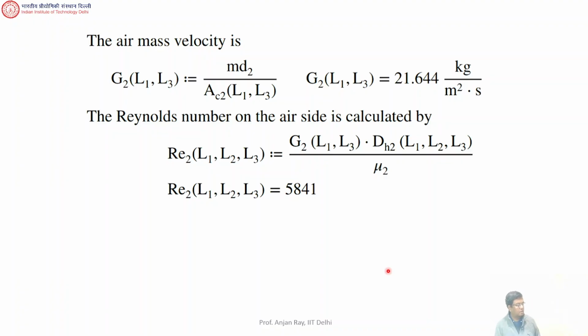All right, so this is m dot divided by AC is G, which is the mass velocity. What is the unit of this? Kg per meter squared second. So using that G and the hydraulic diameter and viscosity, we get a Reynolds number. Okay.